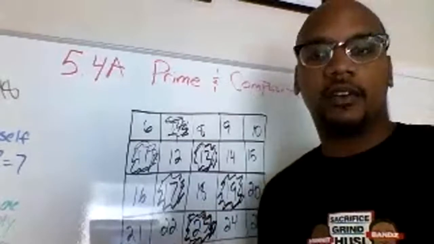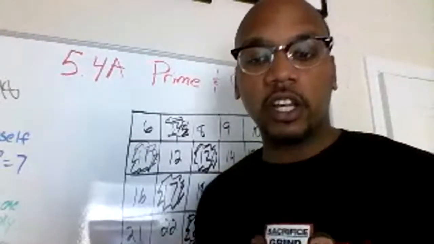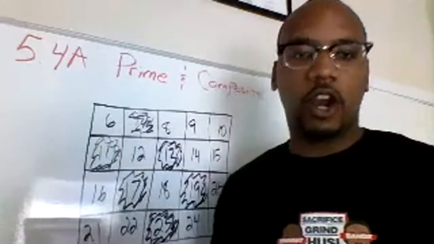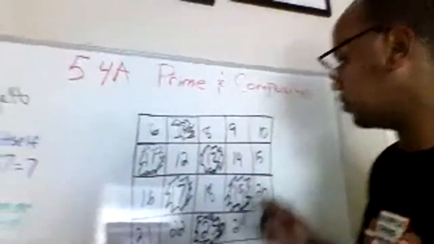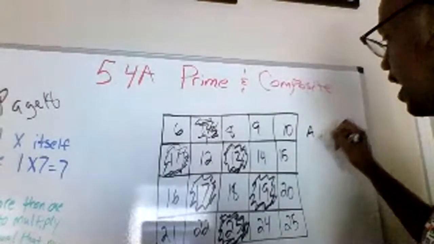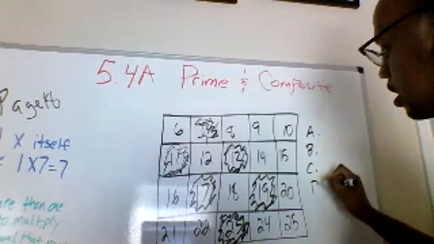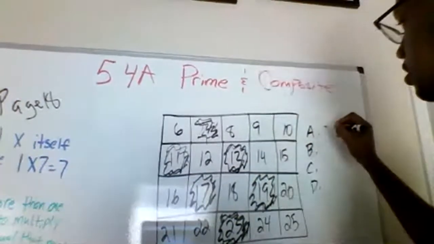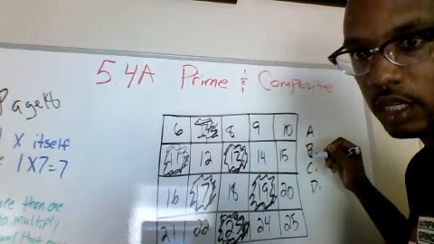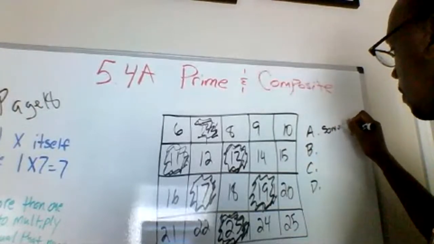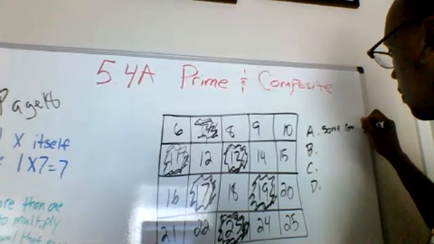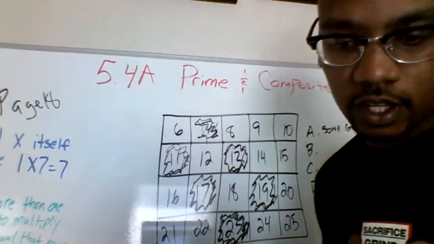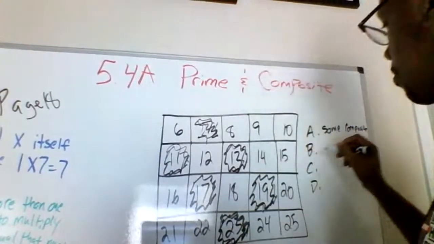All right. Now, the question says, which of the following best describes Clara's chart? A, B, C, D. A says some composite numbers. B says not all prime numbers.